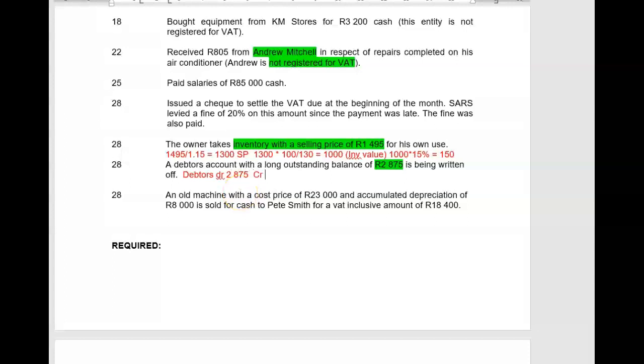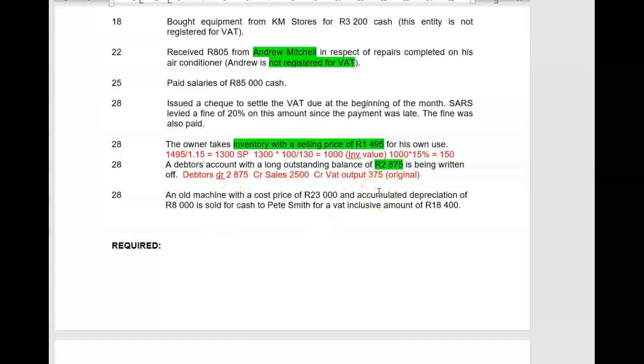We said credit sales with what? With a VAT exclusive amount of 2,500. And then we said credit VAT output. So we paid the receiver of revenue the difference of 375 Rand. So this was the original entry.